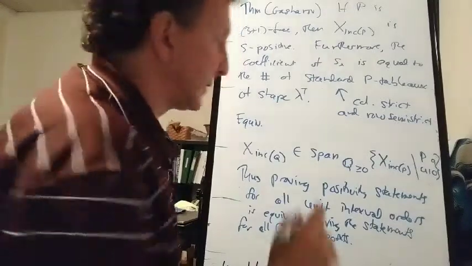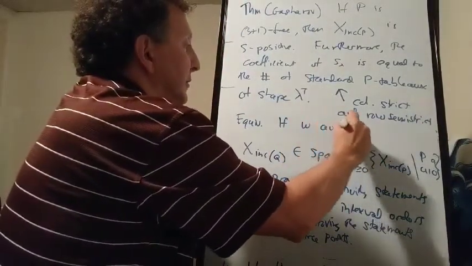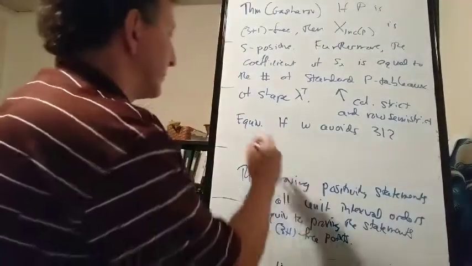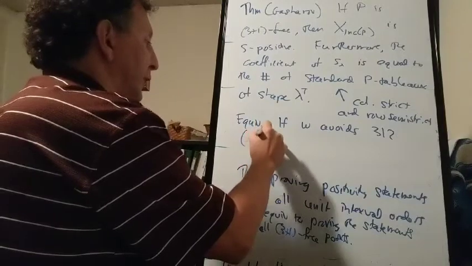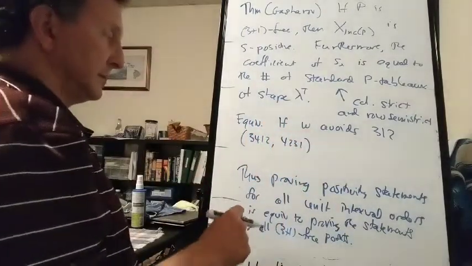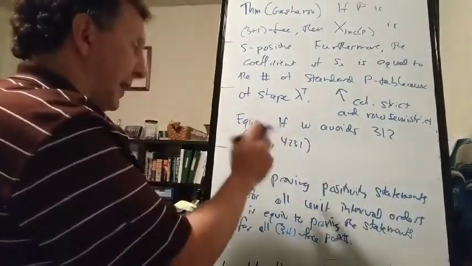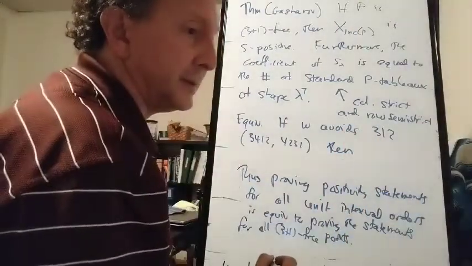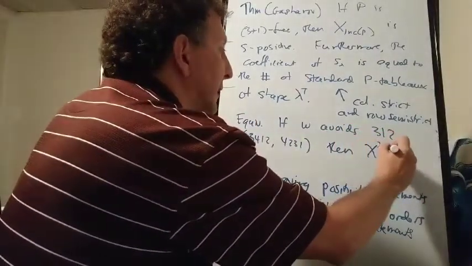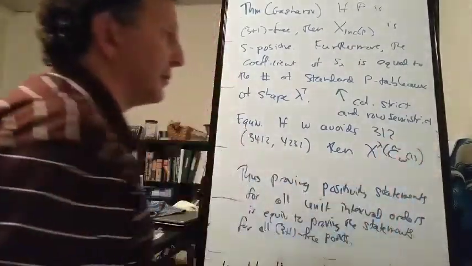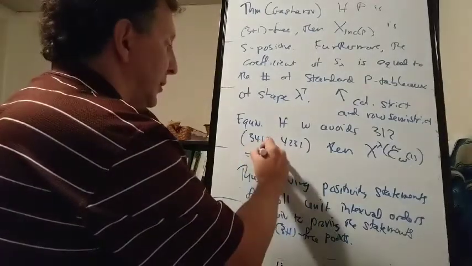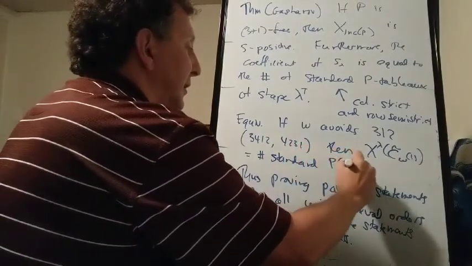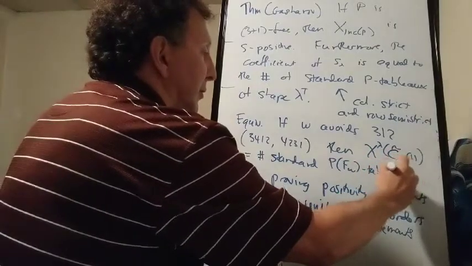So equivalently, if w avoids 312, or we could say 3412 and 4231, because the corresponding poset, the path poset of w, would be the same either way, then chi lambda of the Kazhdan-Lusztig basis element C_w equals the number of standard P_w tableaux of shape lambda.